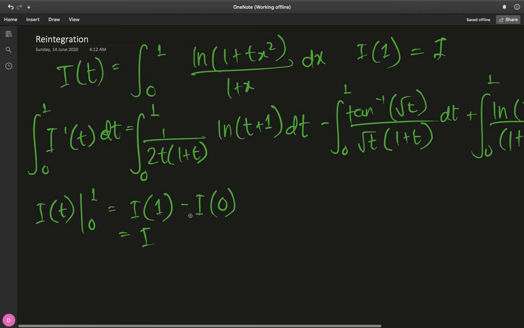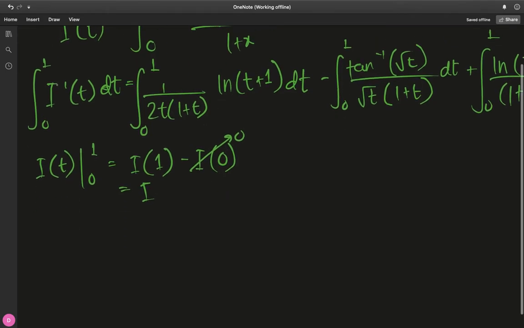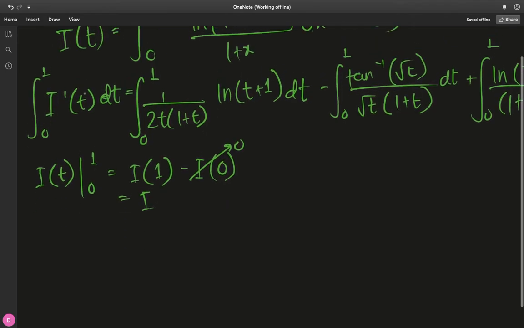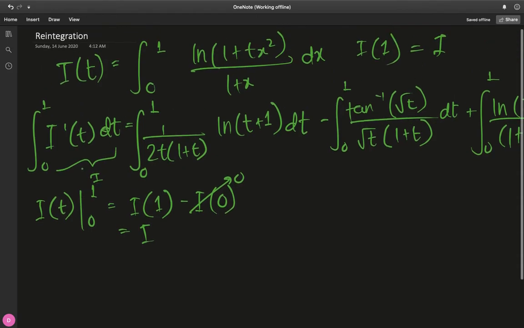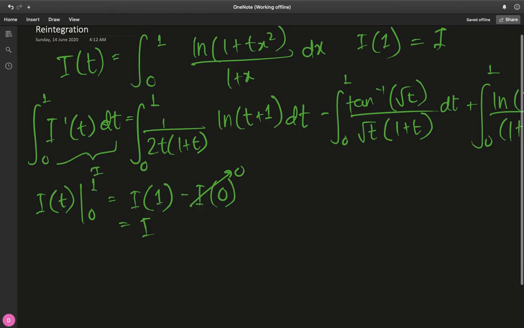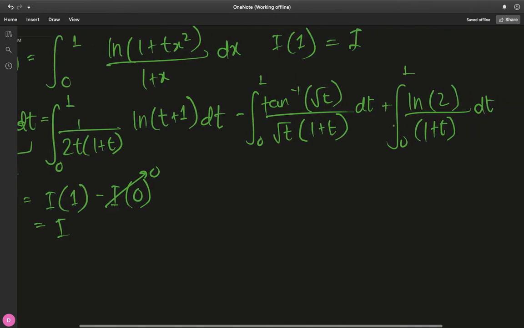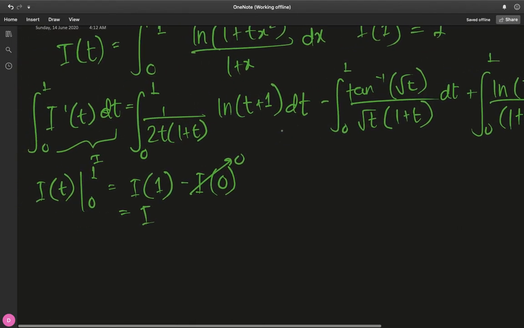So entirely this integral will go to 0 when t equals 0. So this integral from 0 to 1 of I prime of t dt is nothing but I. So we got I, we came back to I in terms of other things, and simpler integrals that we can calculate on the right hand side.